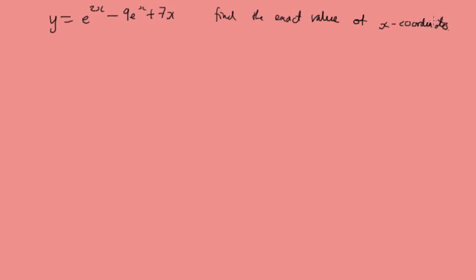So we've got the equation of a curve being y is e to the 2x minus 9e to the x plus 7x, and we want to find the exact value of the x coordinates at each stationary point, and we want to determine their nature.